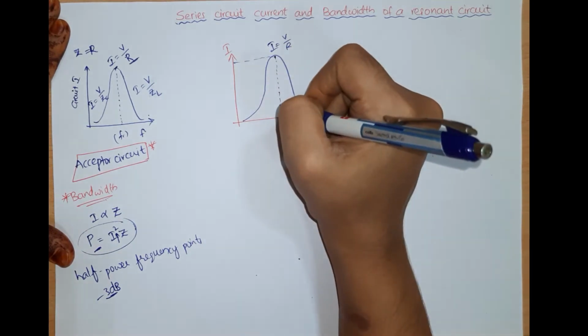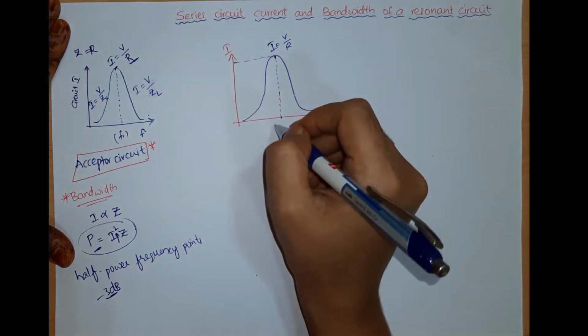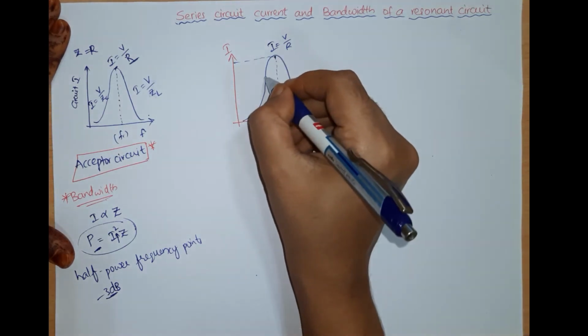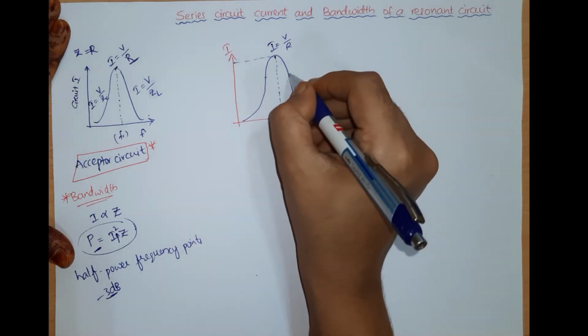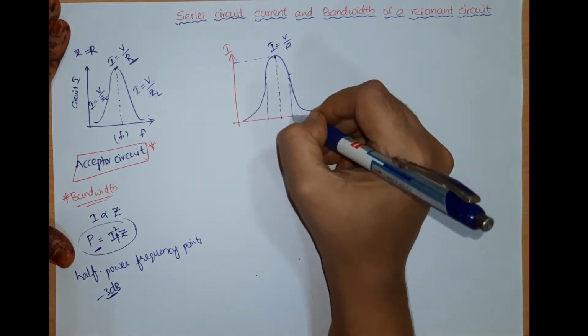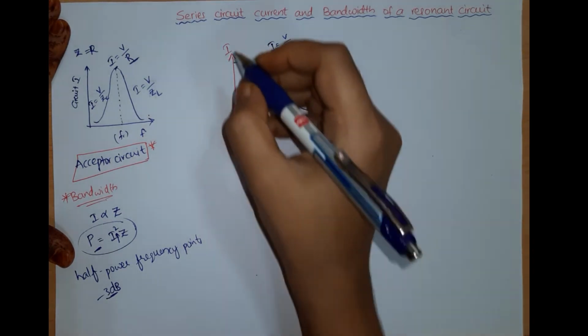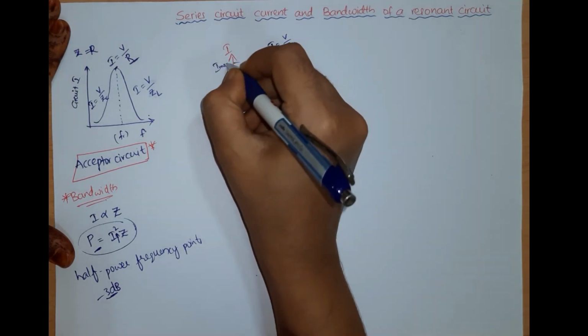If you calculate only up to half of the maximum power observed, you get these points. If you take 0 dB as a reference point, this is my I max.